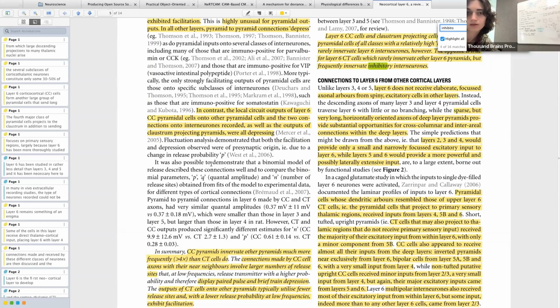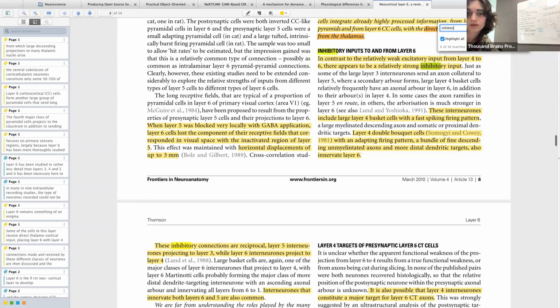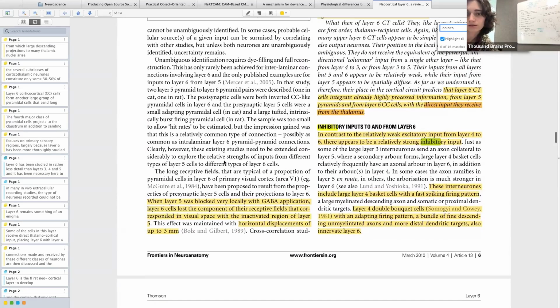There's a general rule about cortical connectivity which is relevant here. If you scroll up a little bit, I just saw some inhibitory connections. Here it says, in contrast to the relatively weak excitatory input from layer 4 to 6, there appears to be relatively strong inhibitory input. Totally understand.